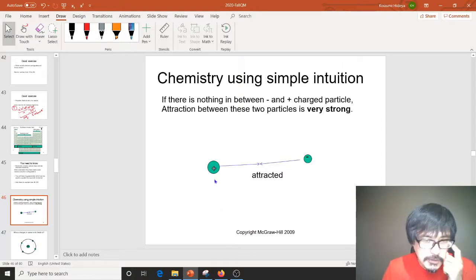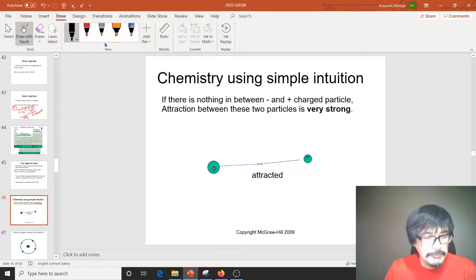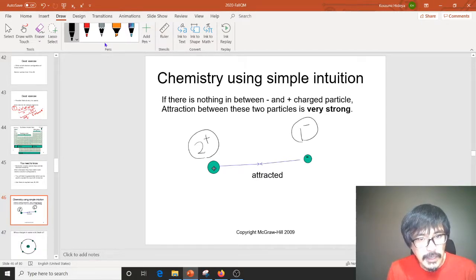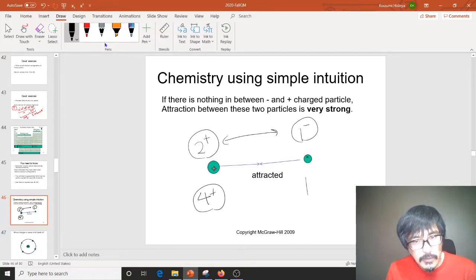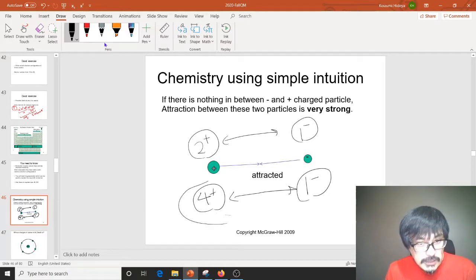Also, if I have a 2 plus charge right here and then 1 negative charge here, then that's one case. And another case is a 4 positive charge and then 1 negative charge. The attraction between these two charged particles is much stronger than this one.